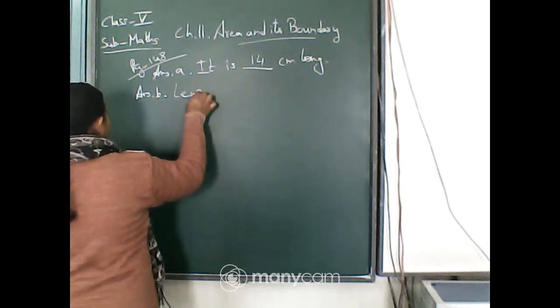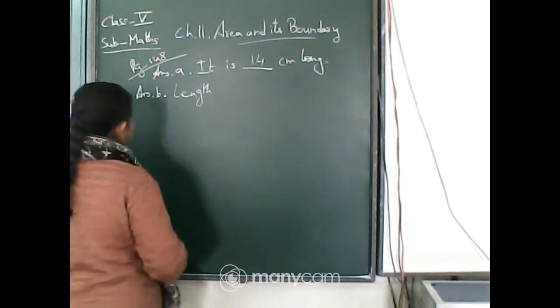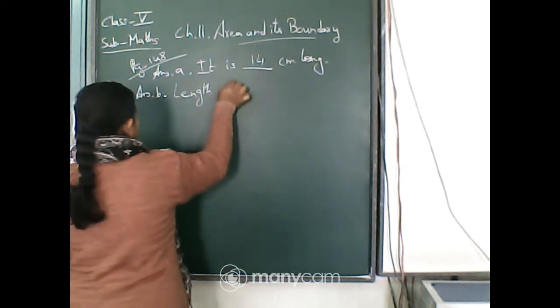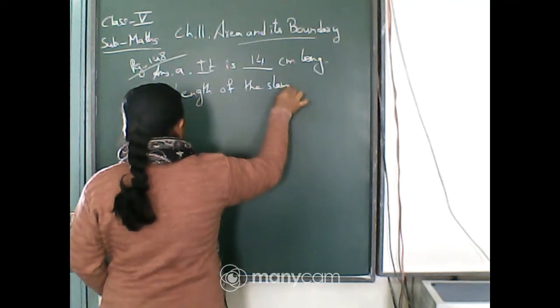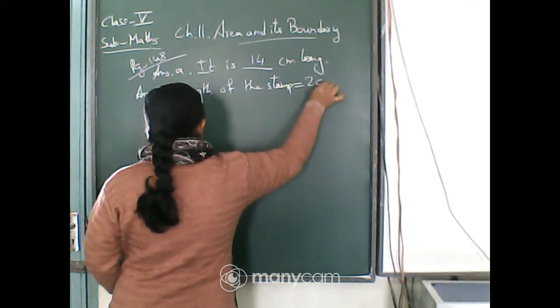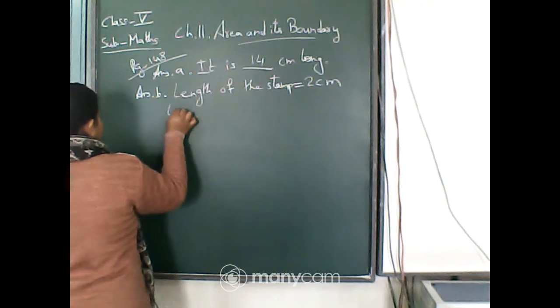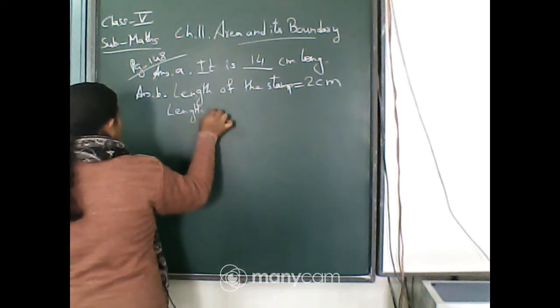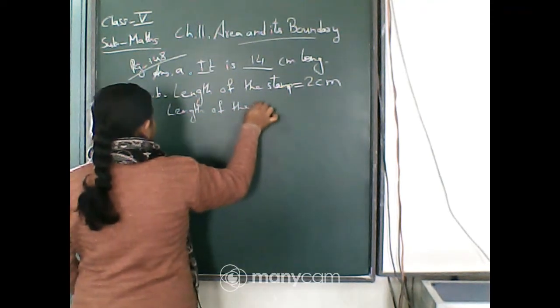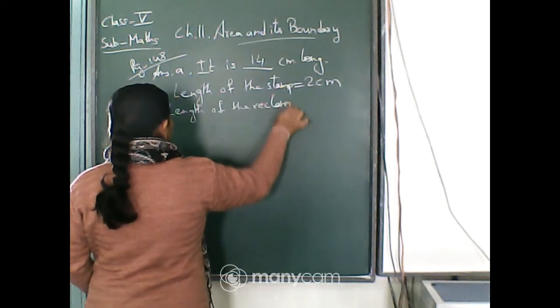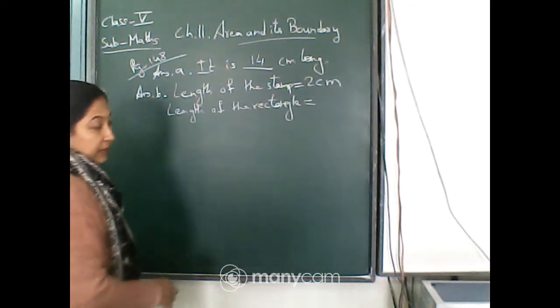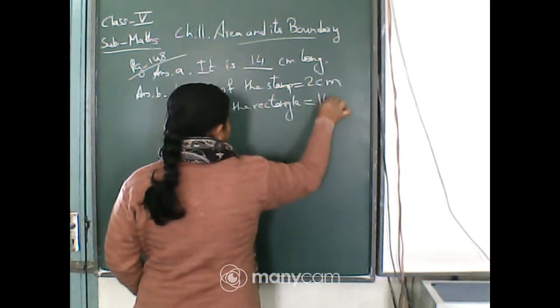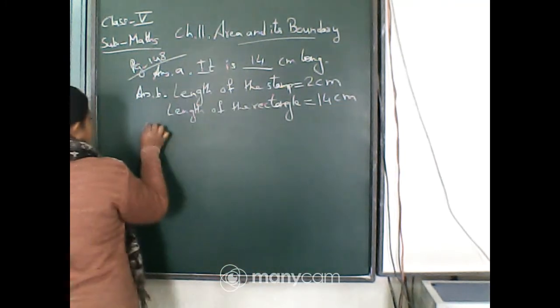From the measurement given in the book, length of the stamp is equal to 2 centimeter. Just now we found the length of the rectangle, it is 14 centimeter.